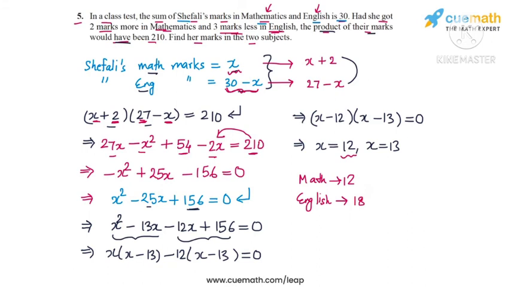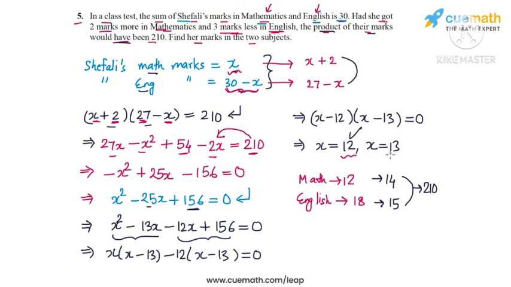And then let's verify if this aligns with what we are told. If she had gotten 2 more marks in math, she would have gotten 14 marks in math, and if she had gotten 3 marks less in English, she would have received 15 marks in English, and the product of 14 and 15 is 210. So the first root aligns correctly with what is told to us.